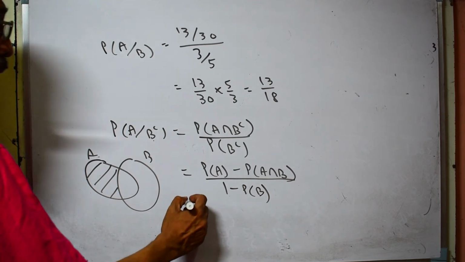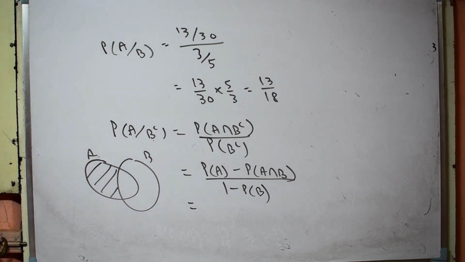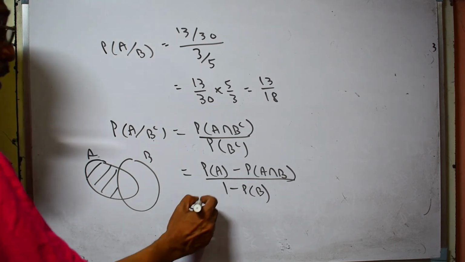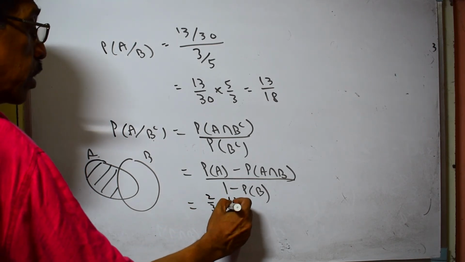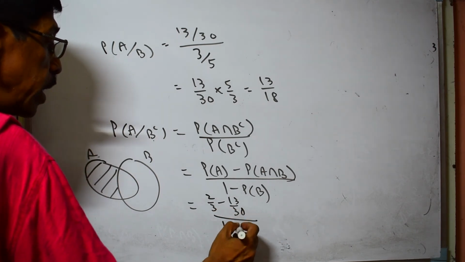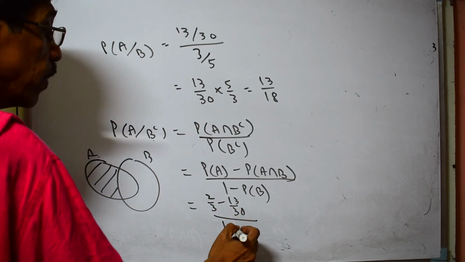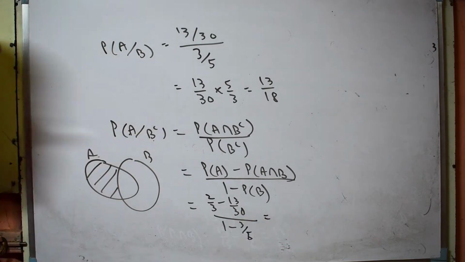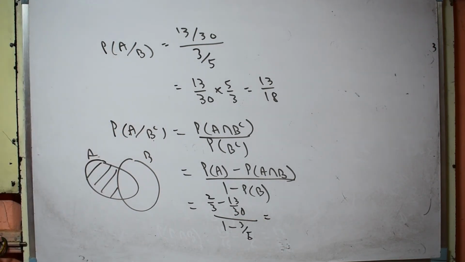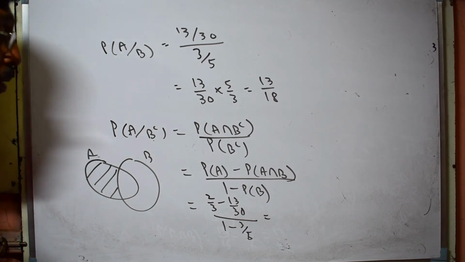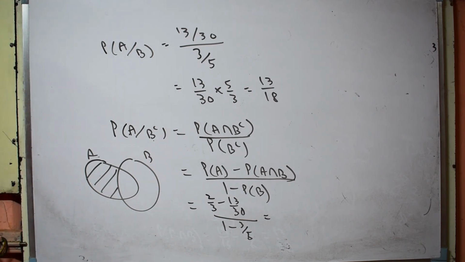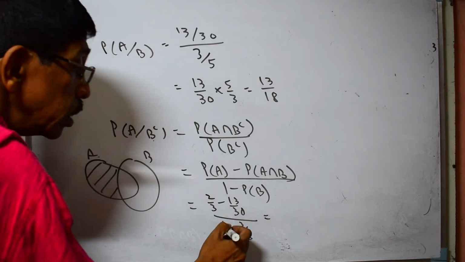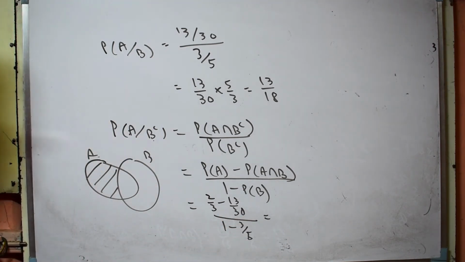So all you need now, P(A) we know, probability of A is 2 by 3 minus 13 by 30, divided by 1 minus 3 by 5. So ultimately we solve, and that is 7 by 30 divided by, not 7 by 5, this will become 2 by 5.